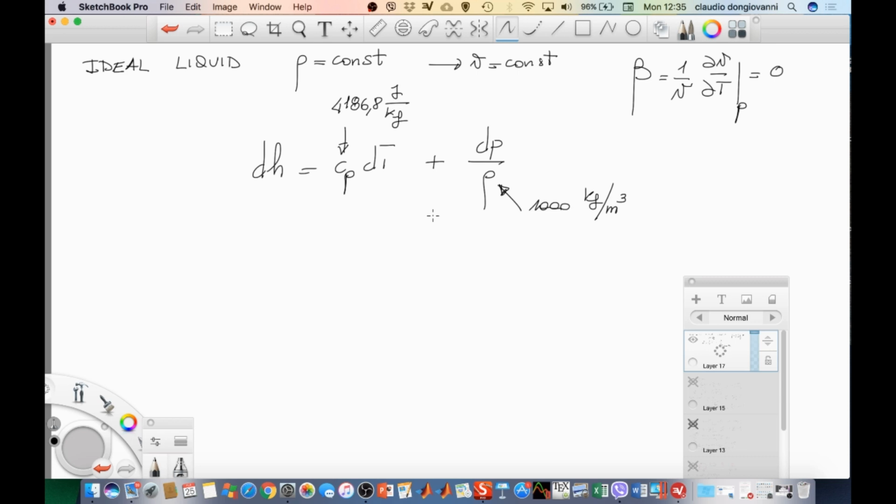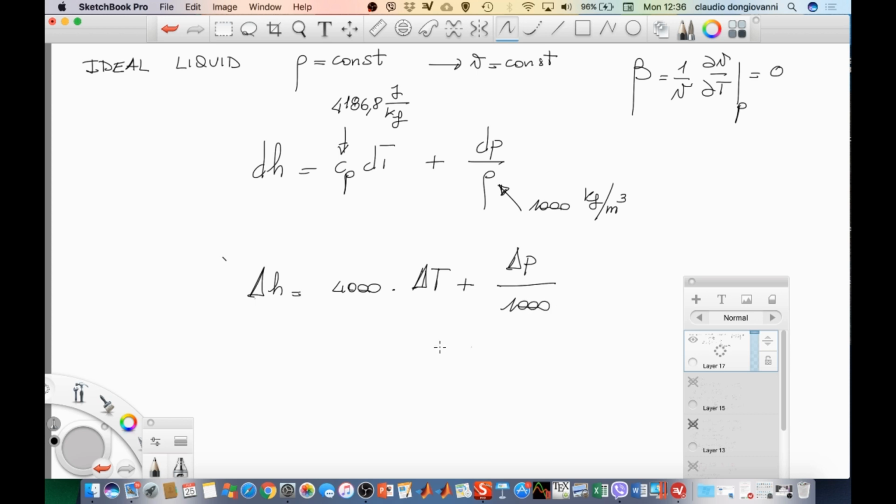They can be 800, they can be a little bit heavier, but the order of magnitude is 1,000. So we have that dH is about 4,000 dT, or better, put delta, plus delta P over 1,000.